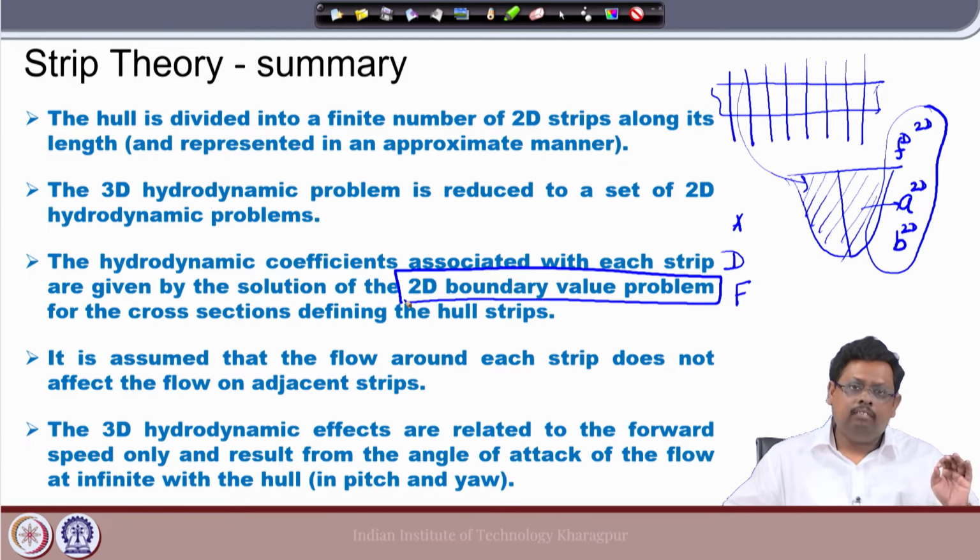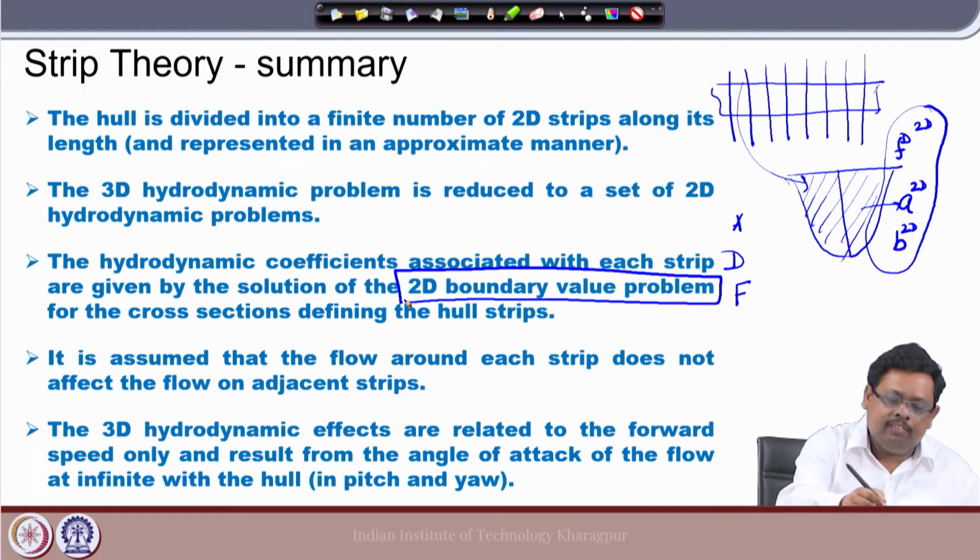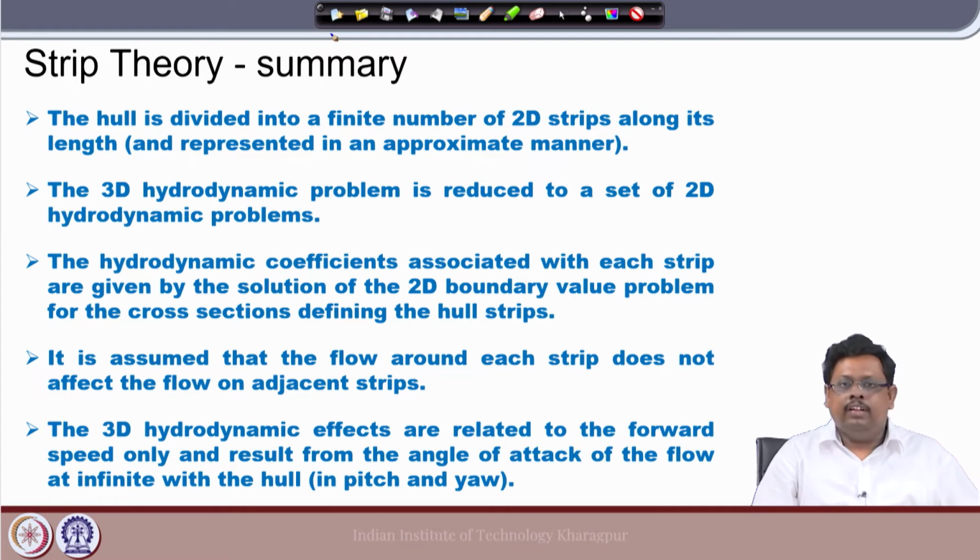Okay. It is assumed that the flow around each strip does not affect the flow on the adjacent strip. So, this is a very important approximation, because otherwise we have a lot of problems if we do not make this approximation.